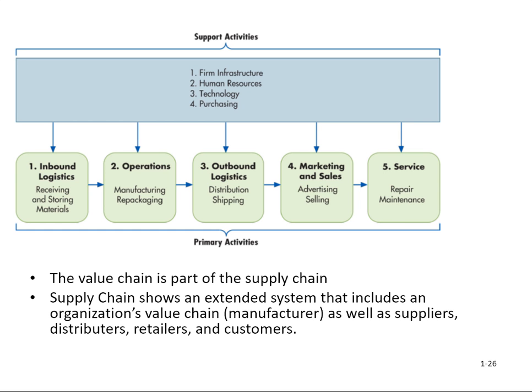The value chain is also part of the supply chain. The supply chain is broader. The supply chain shows not only the organization's value chain, it also refers to the extended network of outsiders, including suppliers, distributors, retailers, and customers.